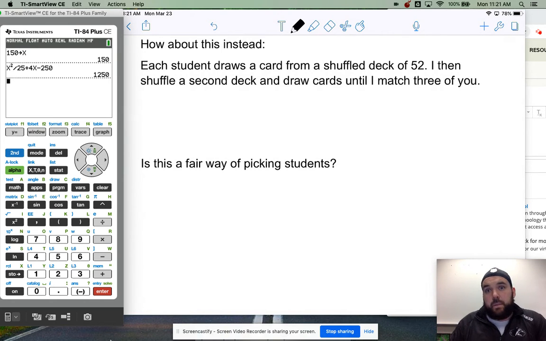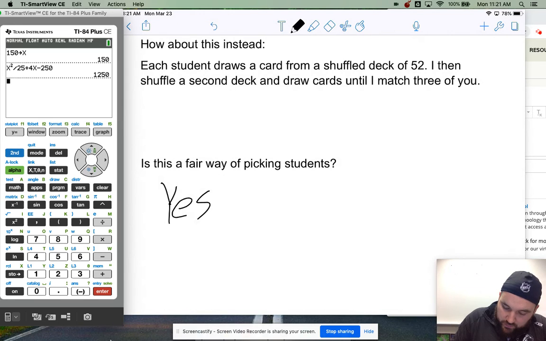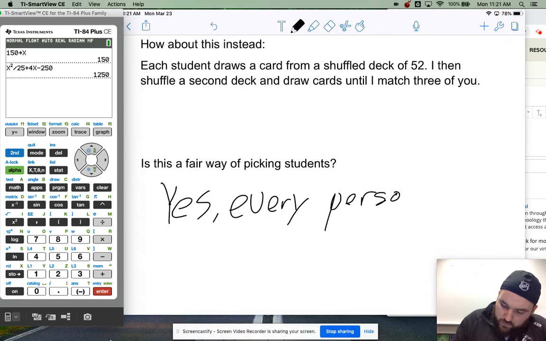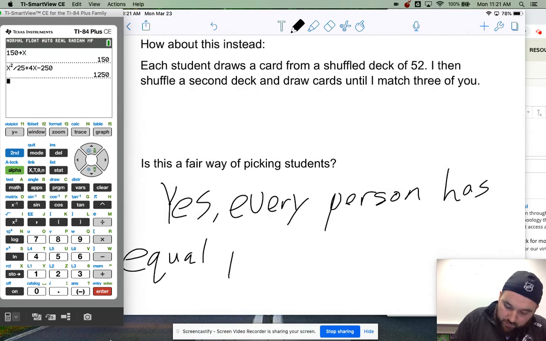The idea of being fair is, does everyone have an equal opportunity or an equal probability of being selected? And in this case, yes, that is a fair way. Yes, every person has an equal probability of being chosen.